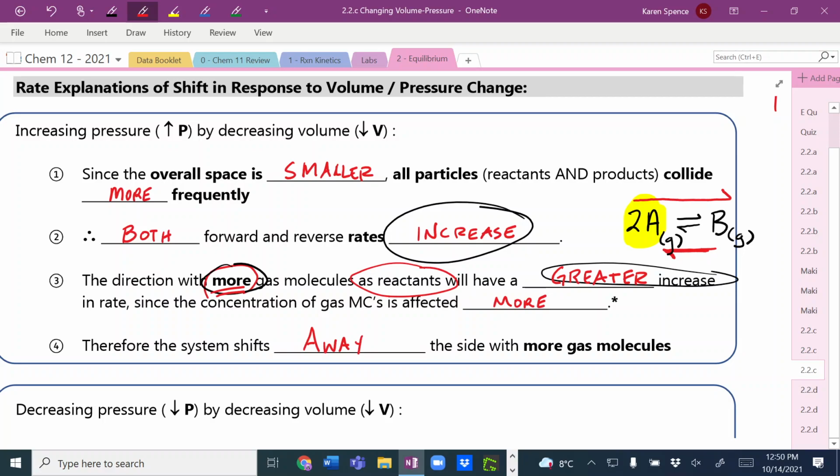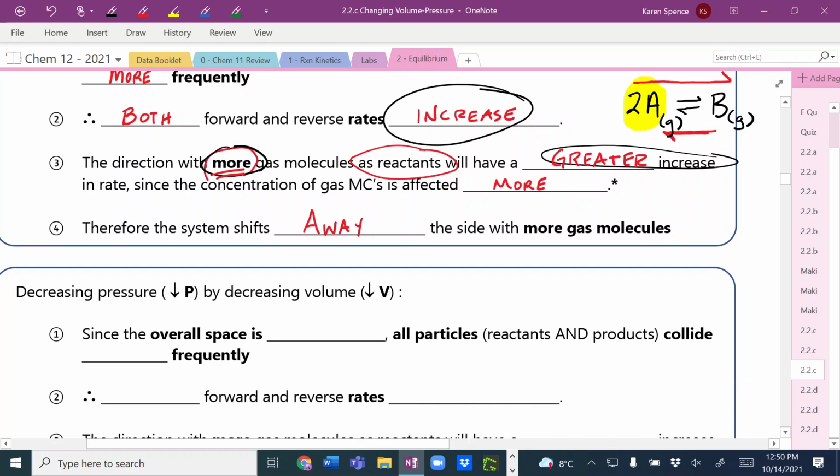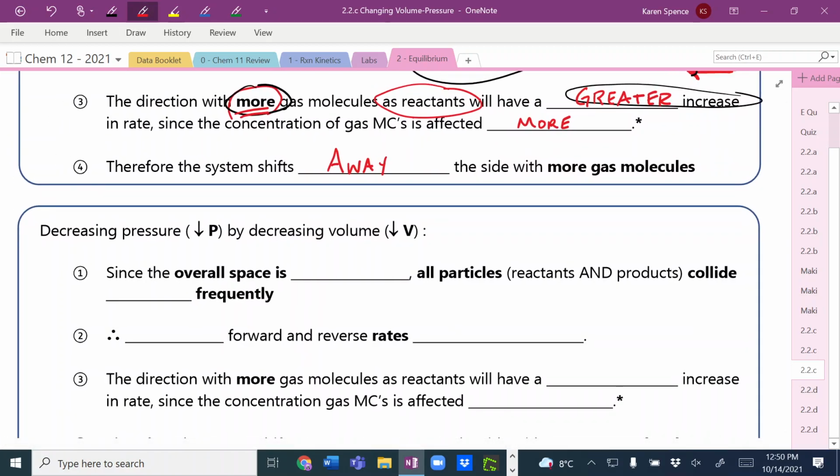But we're going to do this again for decreasing pressure. And I've made all kinds of horrible typos and mistakes here, so we're going to correct those as we go. So decreasing pressure by, this should say increasing volume. And so that's going to be an upward arrow, not a downward arrow.